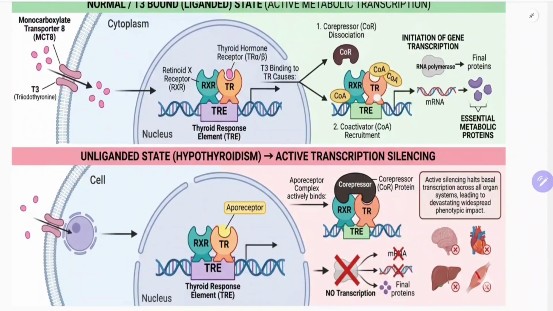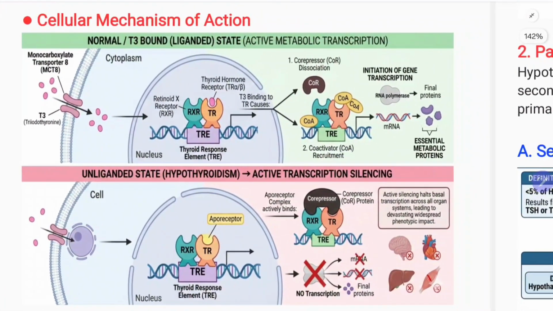Now how does it act in the target cells? Each and every cell of our body requires thyroid hormone. T3 gets attached to the MCT8 transporter in the periphery. From there it enters the cell, the cytoplasm, and goes on to act on the thyroid receptor inside the nucleus.